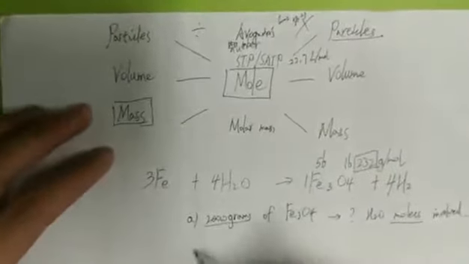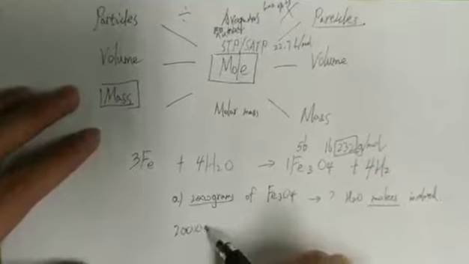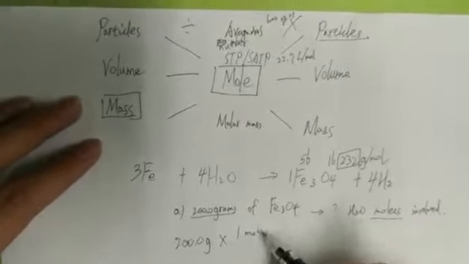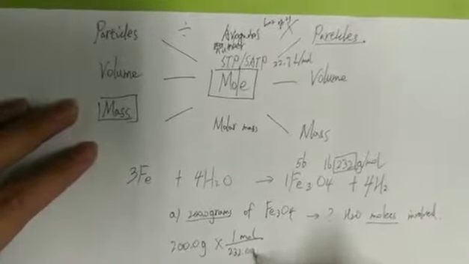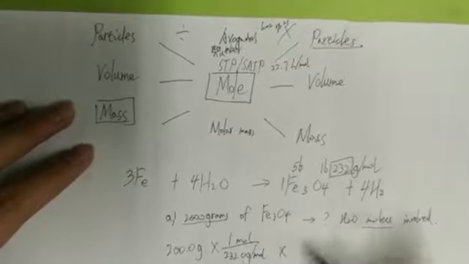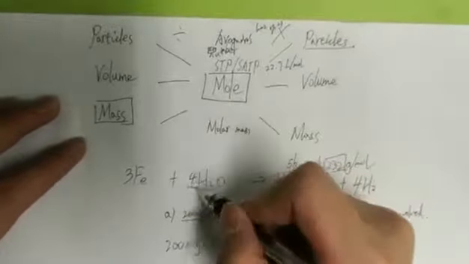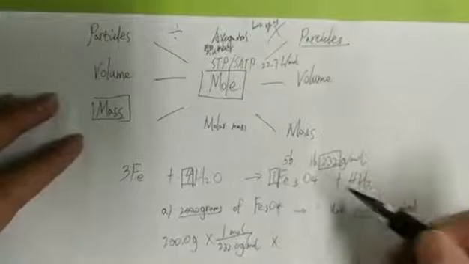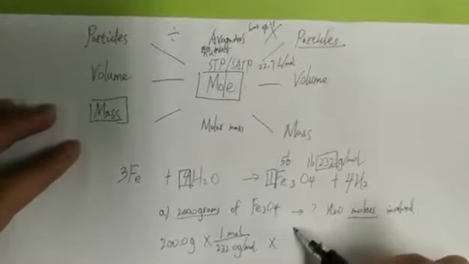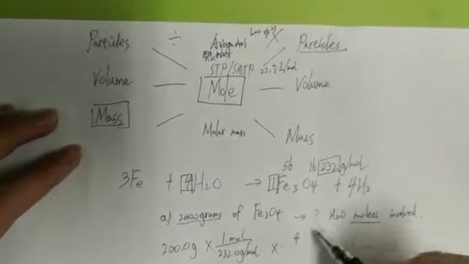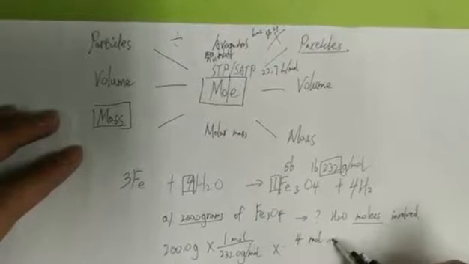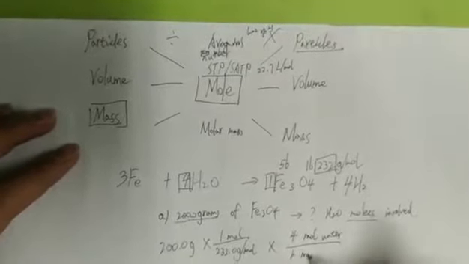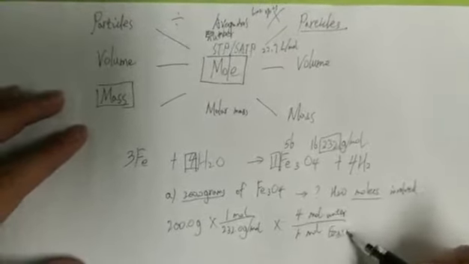So let's write down the equation. And then we use the coefficient. We know the exact ratio between these molecules, and then we adapt it. We know for every 4 moles of water, there is 1 mole of iron oxide.